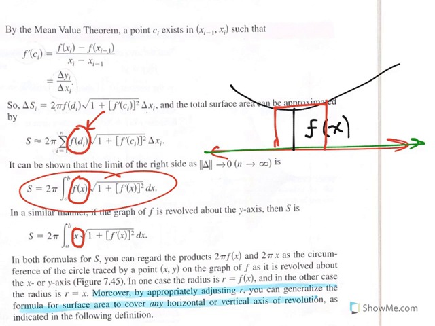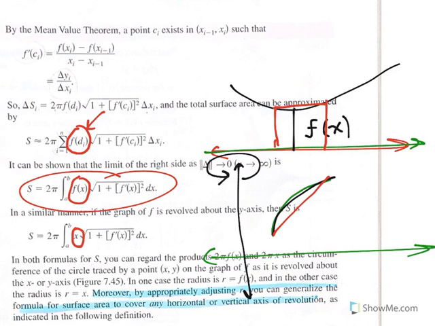On the other hand, if you have revolution about the y-axis, what happens? So let's say you have this curve, and maybe you want to revolve it about the y-axis. So this would be, for example, a particular line segment.